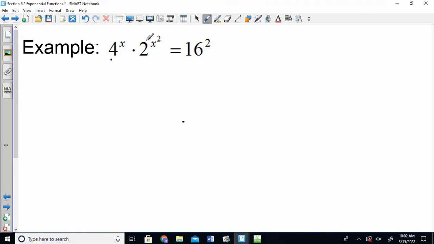No. Order of operations says you have to do exponents before you multiply. So instead, what could I do with this 4? 2 squared. Whoops. Not 4 squared. So 4 is the same as 2 to the second. We still have the 2x squared. 16 is the same as 2 to the 4th.